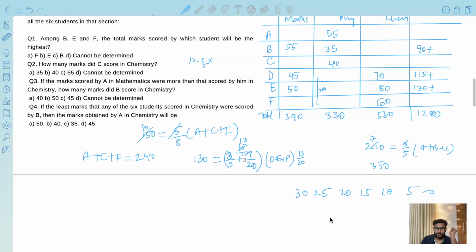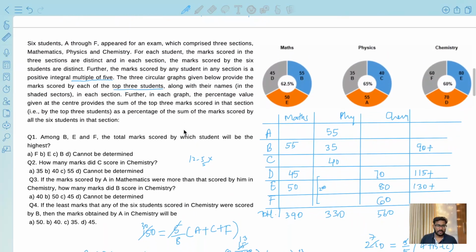Where is 0? So we need to make it 200. Is it possible? Yes, 50, 75. Something is wrong.